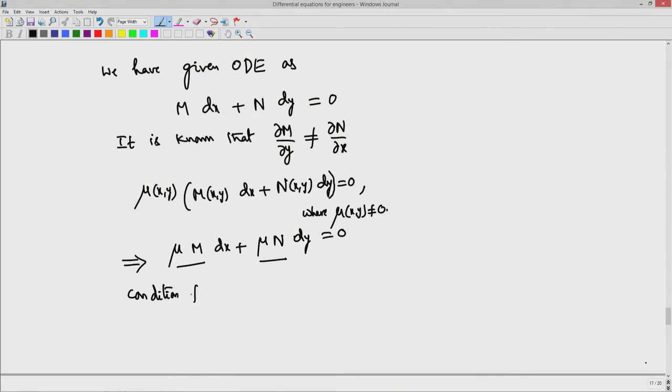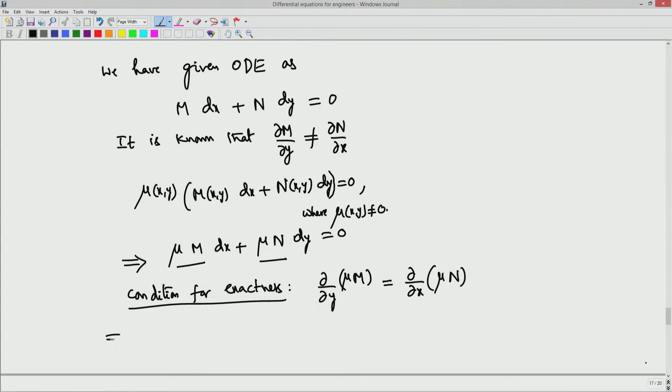Condition for exactness now becomes: dou y of mu M should be equal to dou x of mu N. So that means I write mu_y like this. This subscript denotes the partial derivative.